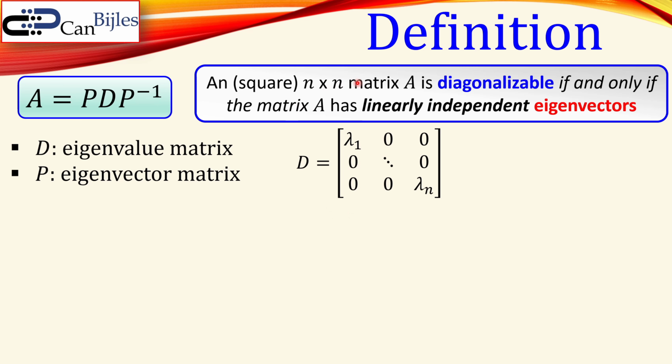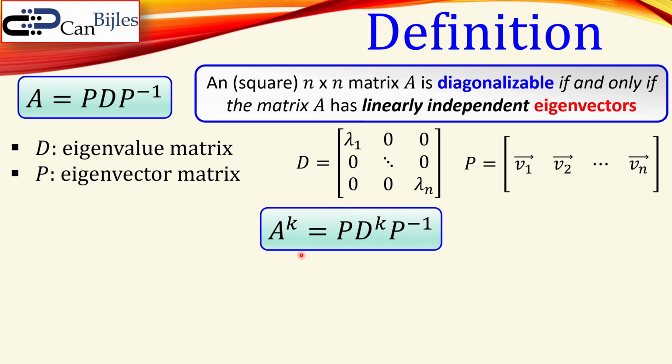Now if you have a 2 by 2 matrix, then your D is also 2 by 2 because you have two eigenvalues. In the matrix P, the eigenvectors are in order as you have it here. For example, if you have lambda 1, the corresponding eigenvector of that lambda 1, v1, must also be in the first column. And you can move on and increase the dimension depending on the dimension of your matrix A.